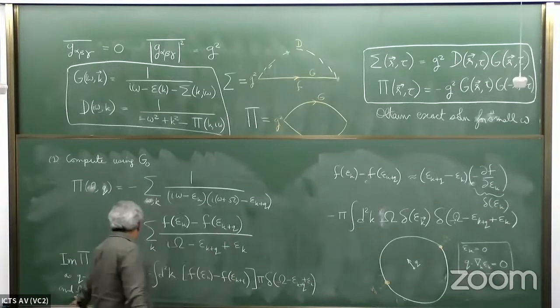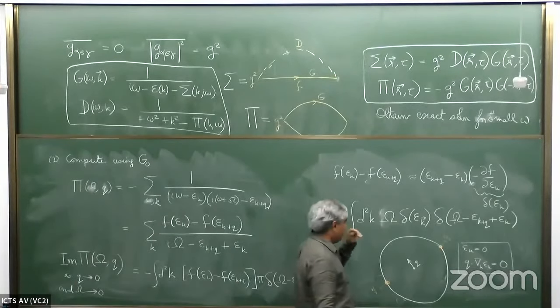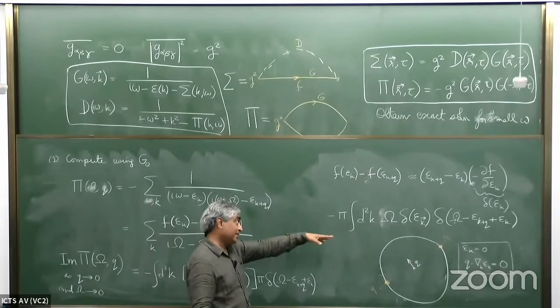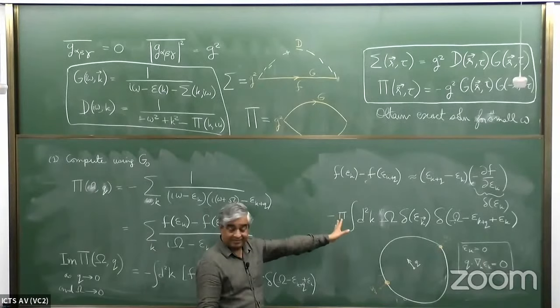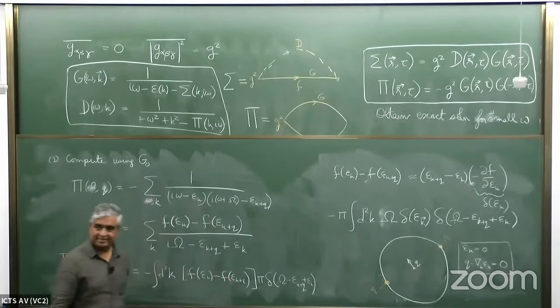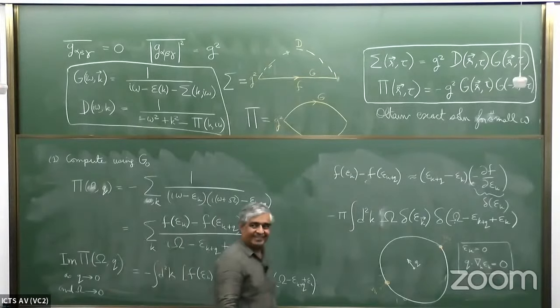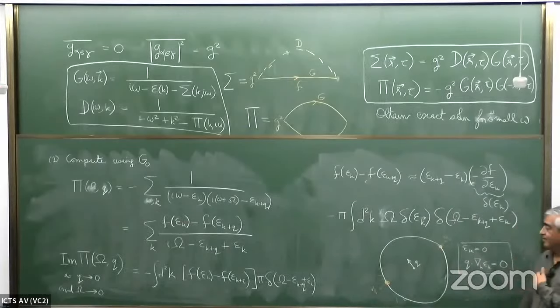Yes? Because I want to look at the leading behavior as omega goes to 0, and you already have an omega out front. So it's already linear in omega, and any corrections will be higher order in omega. In fact, it doesn't make a correction at all, but I just did it to make my life simple. You can put it back in. That's a homework problem for you. That's right.